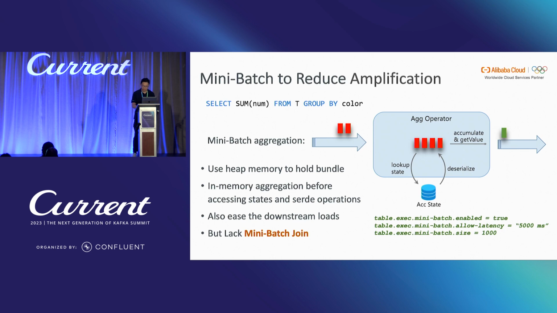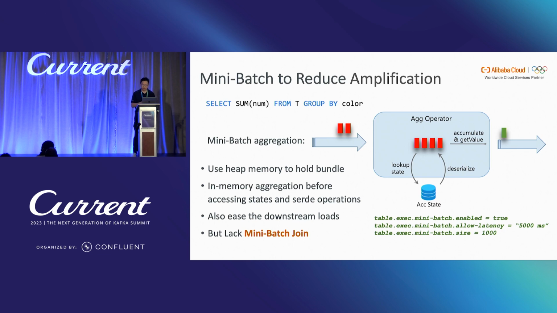And there are 2 triggers to trigger the bundle calculation. One is time limit. If I define a 10 seconds mini-batch, the data will be output at most every 10 seconds. The other is size limit.